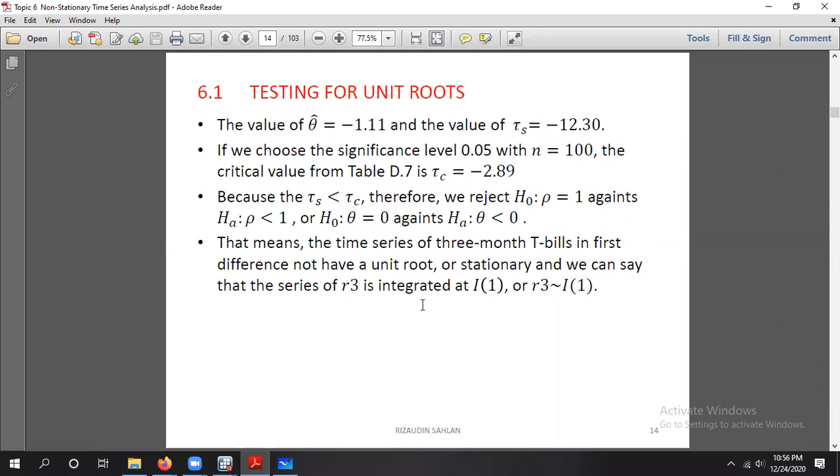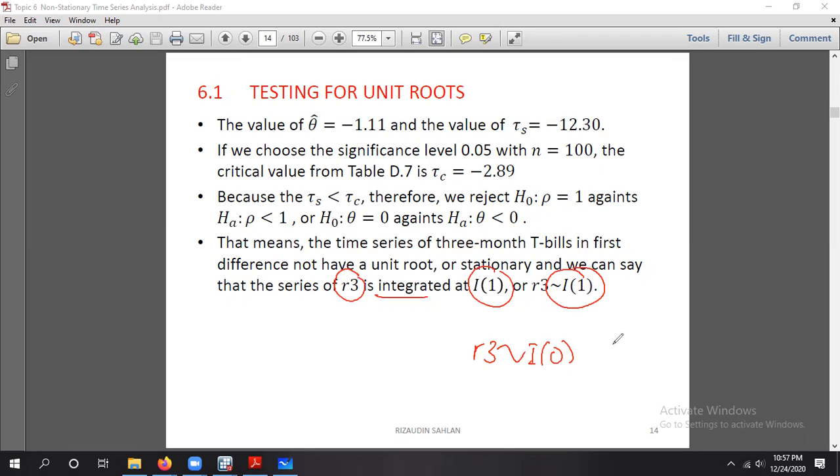we can say that R3 is integrated at I1. If we test R3 and it is stationary at the level form, we use the symbol integrated at I0. But from the previous test, we proved that R3 is non-stationary at the level form.